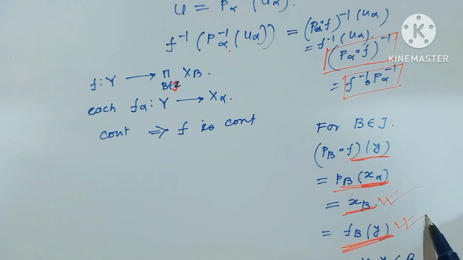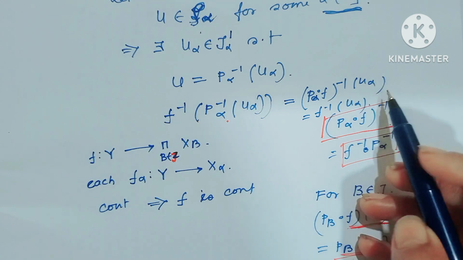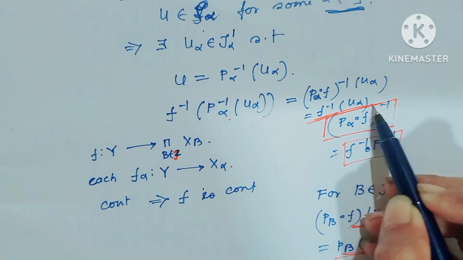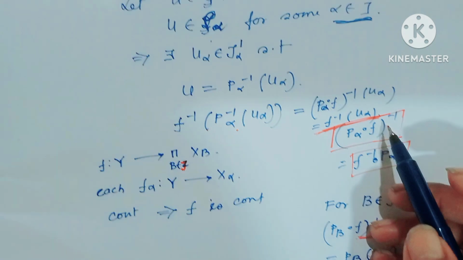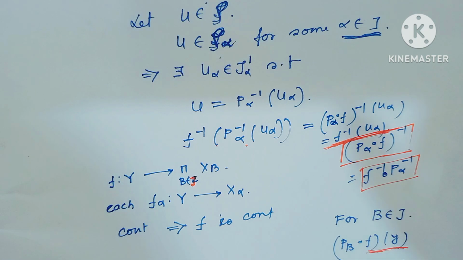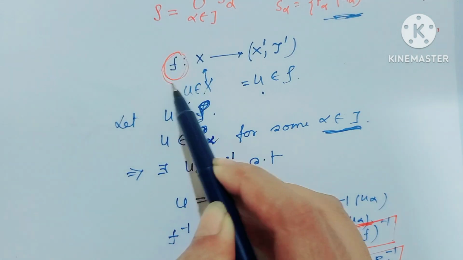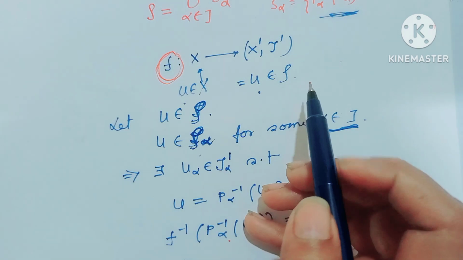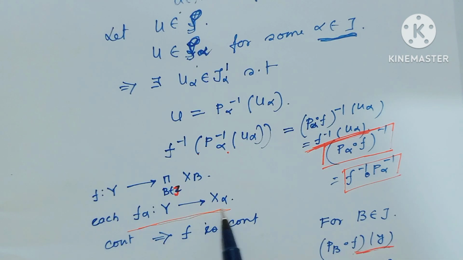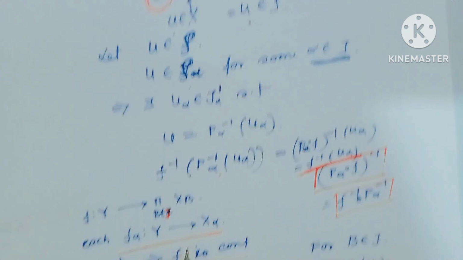So by these rules, (P_alpha composed with f) inverse of U_alpha means f_alpha inverse of U_alpha. I hope all my viewers have understood. And f_alpha inverse of U_alpha is the open set of Y, and we all know that a mapping into a product is continuous when each f_alpha is continuous.